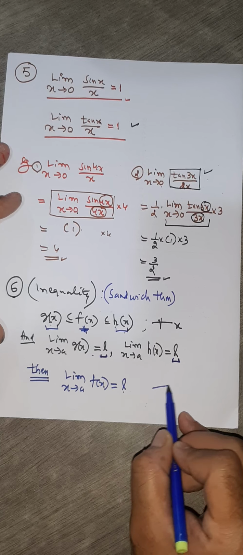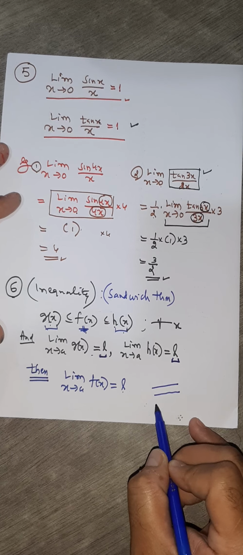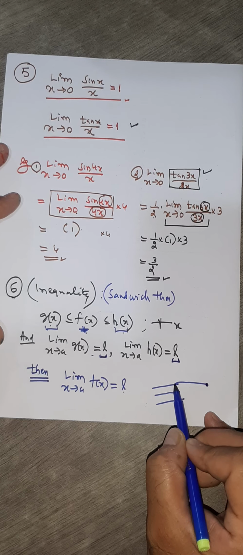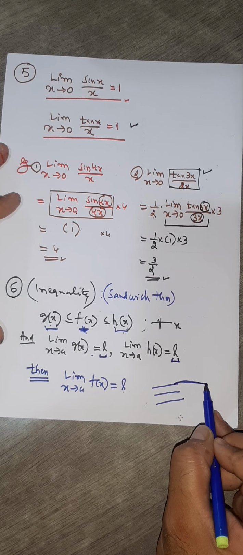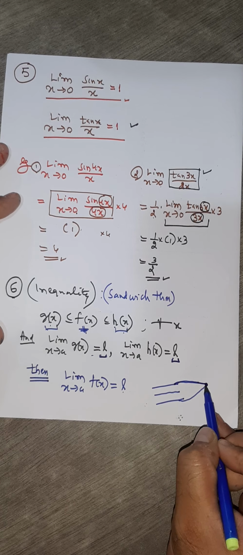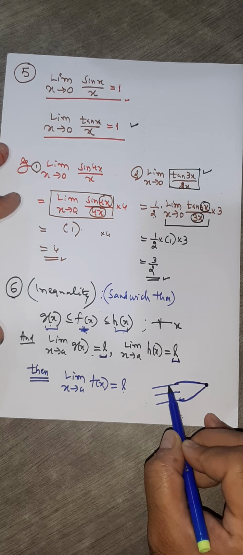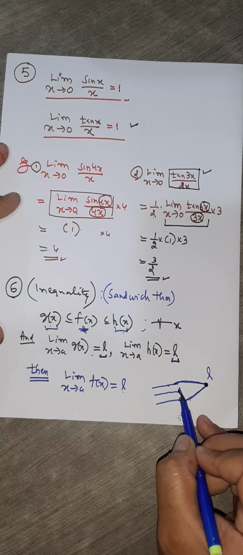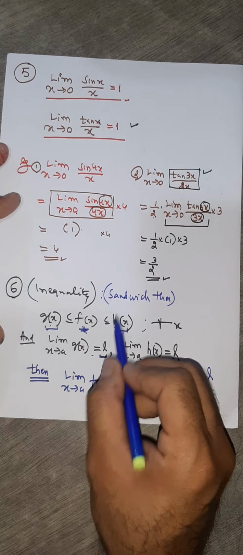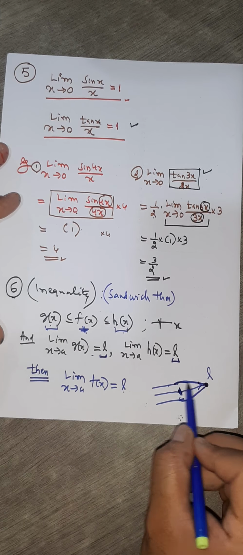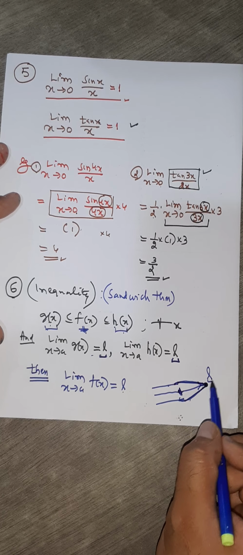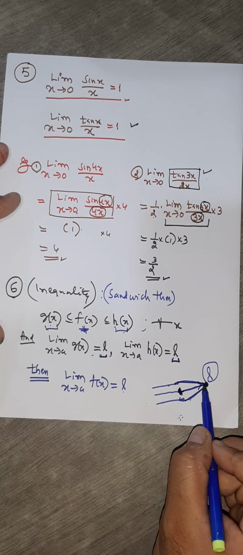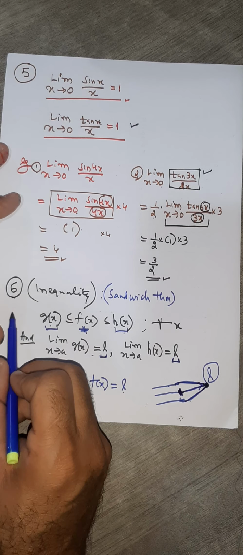It's like this: look, these three persons are walking. These two extreme functions are two extreme persons going to this point. These two functions are very close to L. Then the middle person or middle function should approach L. That's the conclusion. This much you are given.